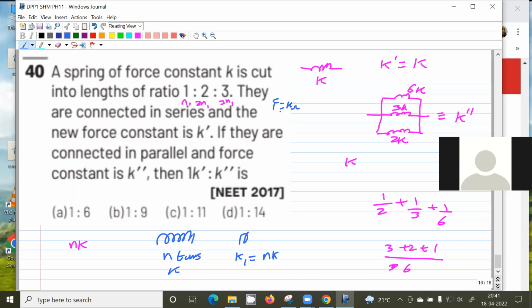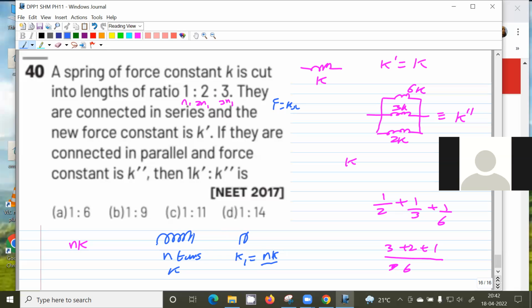K is the force required to compress it by 1 unit distance. So if there are n turns, each turn has to compress by that fraction. Suppose I want to compress by 1 centimeter, each turn has to compress by 1 by n centimeters. So it's easier to compress a spring which has got more turns. If we just take one turn of this one, the spring constant would have gone up by n times k. Is this clear?